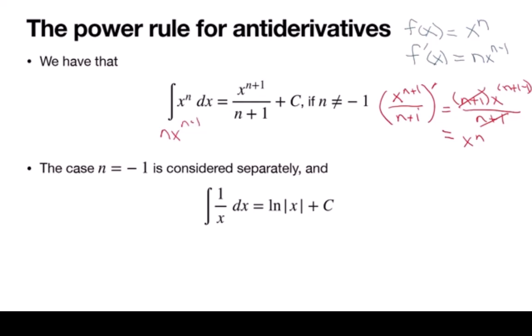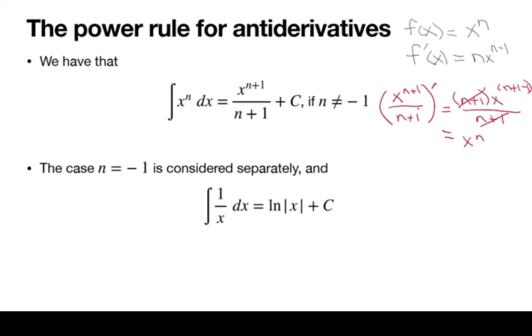This is the opposite. Instead of multiplying by n, we divide by n plus 1 and add 1. We multiplied and subtracted 1 for the derivative. Now we're dividing and adding 1.